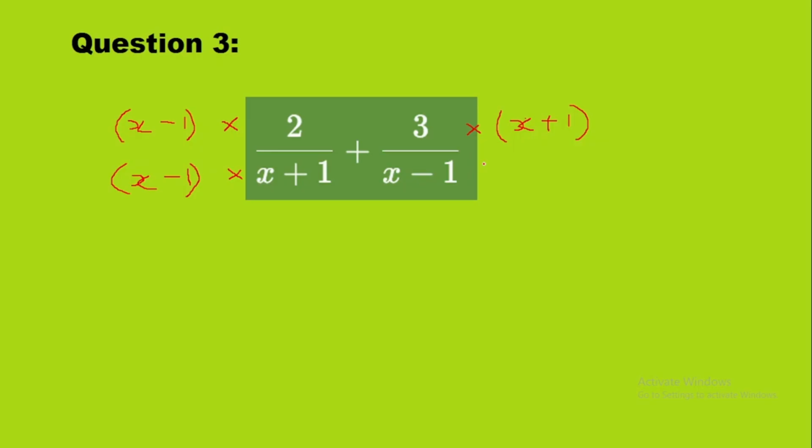And remember, whenever we multiply the top part of a fraction, we multiply the bottom part by the same term, because that's the way that we can get equivalent fractions.